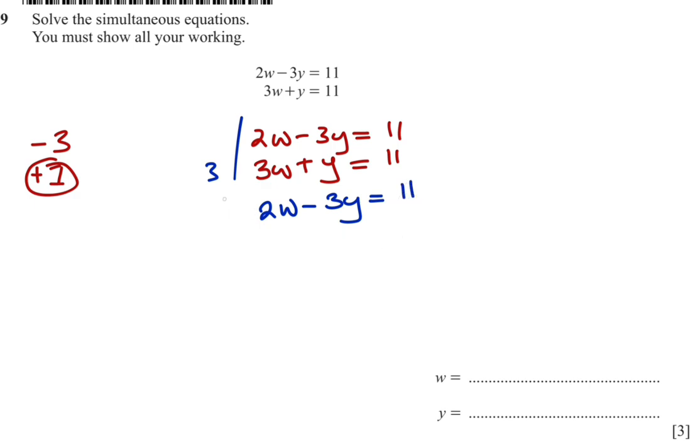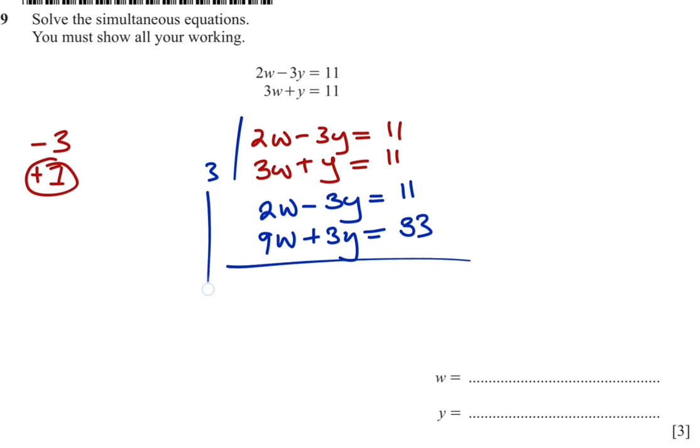Then the bottom part: 3 multiplied by 3 is 9w. You multiply 3 throughout, so 3 multiplied by y gives us plus 3y. Then finally, 3 times 11 is 33.